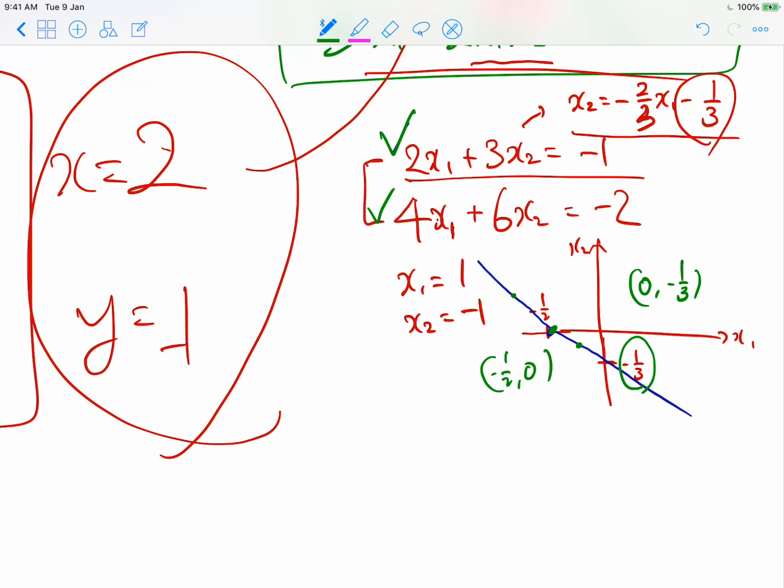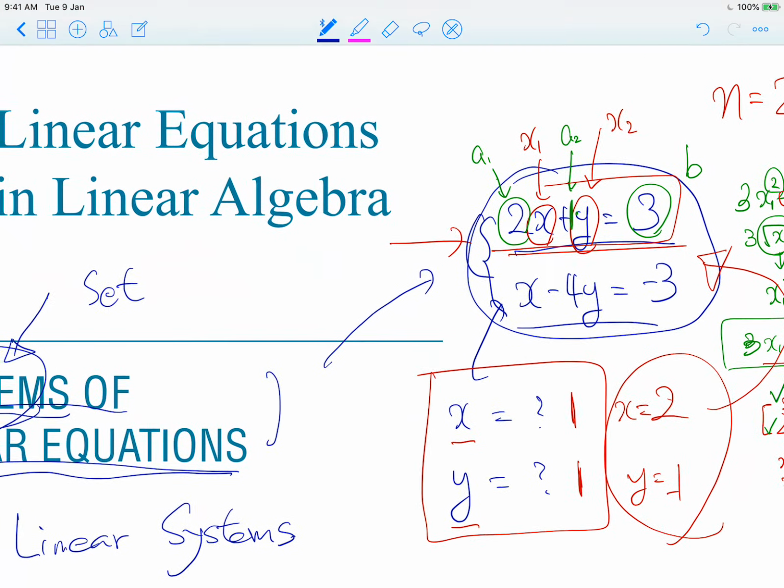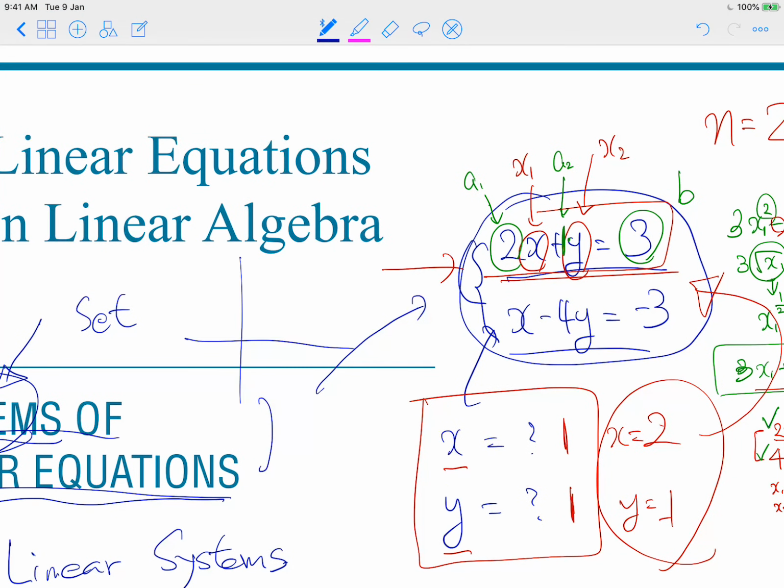It will also be represented as another line, right? I'll just draw the line hypothetically, but suppose this line is something like this, and the second line is something like this. And then what will be our solution corresponding to this? It will be this point, the intersection of them, right?